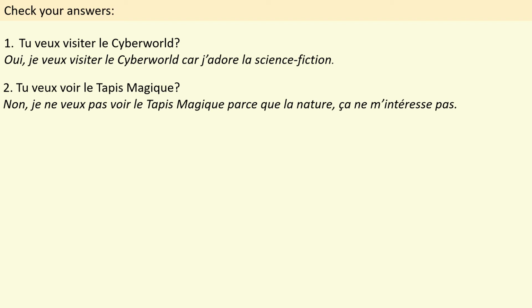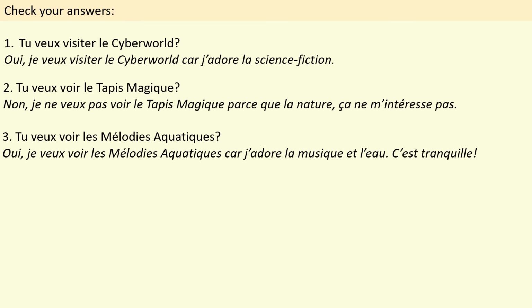Okay, check that you've got your accents on the cedilla, the C of ça, and on intéresse, on the E, the acute accent going up. Okay, numéro 3. Tu veux voir les mélodies aquatiques? Oui, je veux voir les mélodies aquatiques car j'adore la musique et l'eau.